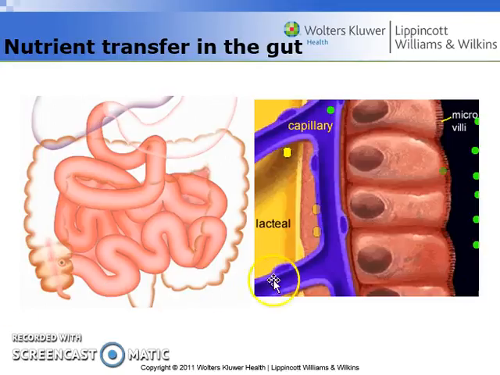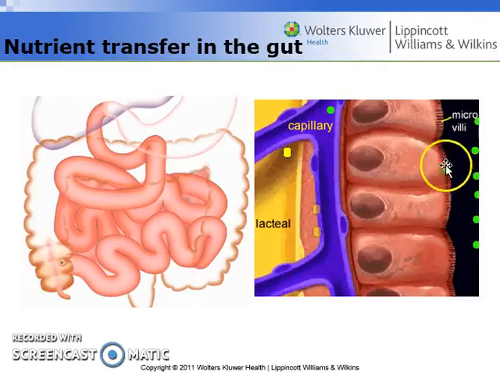And what you can see here is how nutrients are transferred and pass through the gut. And really the way that happens is that as you're breaking down this food, the cells have these microvilli that line them, and the microvilli can trap these nutrients.